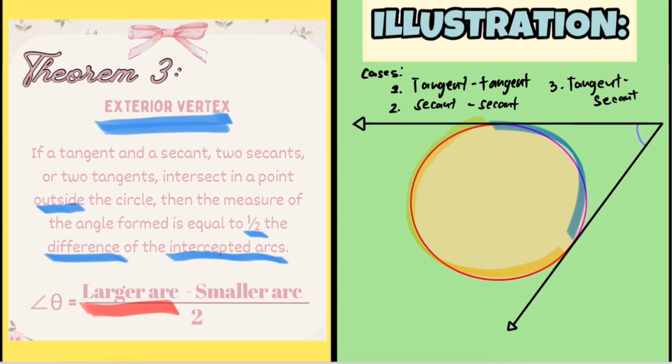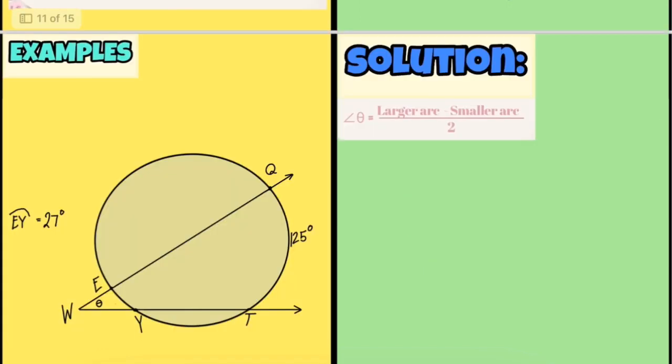Okay, let's have an example. So we have here 125 degrees. We have EY. I mentioned EY instead of writing it there on the image because it will be confusing. Okay, so we'll have our reference angle. I'll write it first here. We're going to look for the measurement of angle QWT.